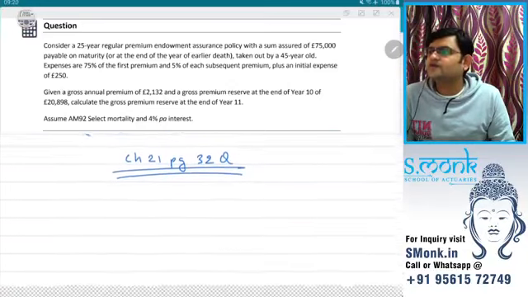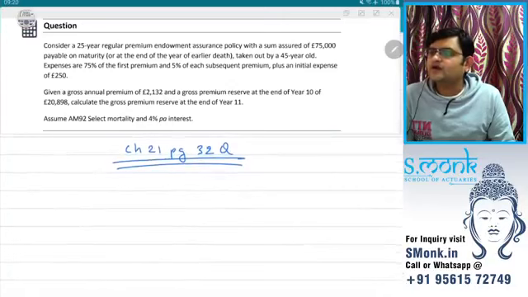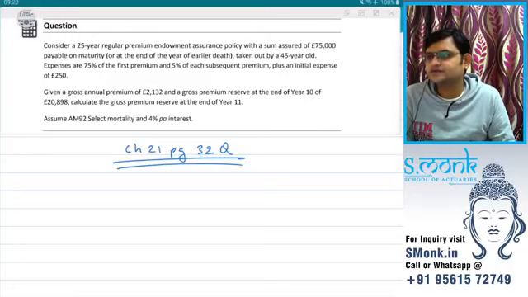Consider a 25-year regular premium endowment assurance policy with a sum assured of 75,000 payable on maturity or at the end of the year of earlier death, taken out by a 45-year-old. Expenses are 75% of the first premium and 5% of each subsequent premium, plus an initial expense of 250.